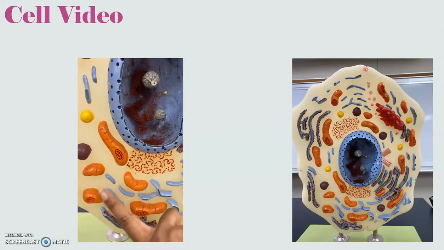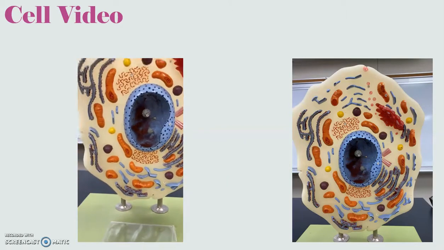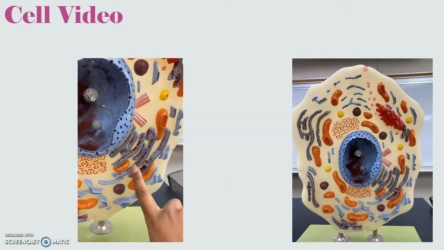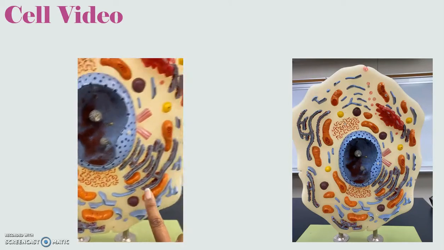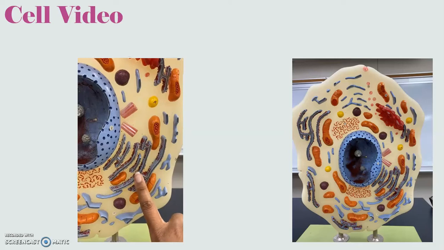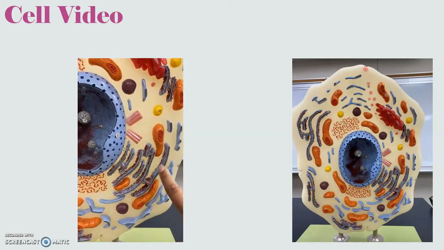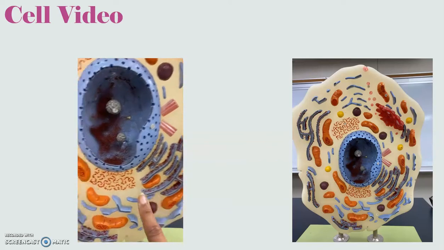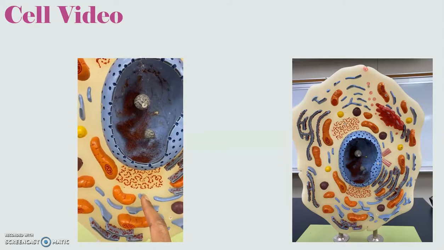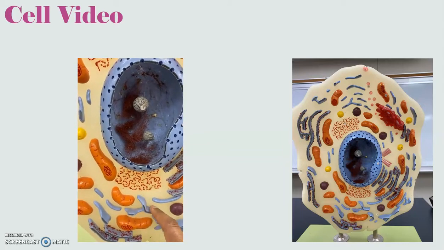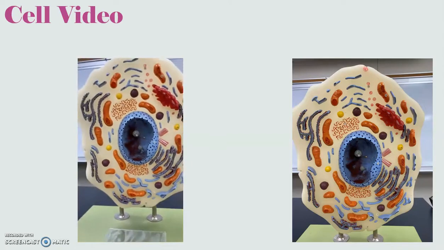You can also see this blue structure here, the endoplasmic reticulum. But what's the difference here? Some have attached ribosomes, the little red structures on it, and then some don't, okay? So this is the rough endoplasmic reticulum because the ribosomes are attached to it. As you feel it, it's rough. But here, this endoplasmic reticulum is without ribosomes, so it's called the smooth endoplasmic reticulum, okay?